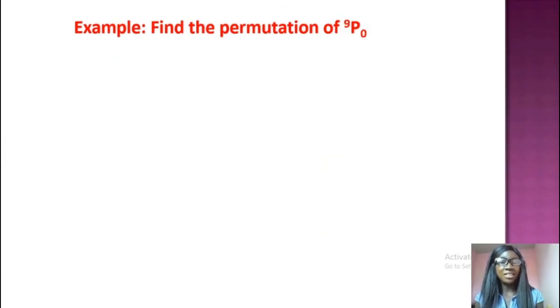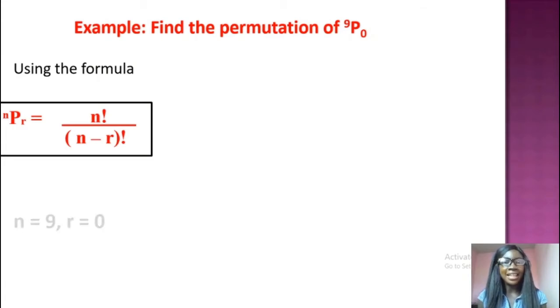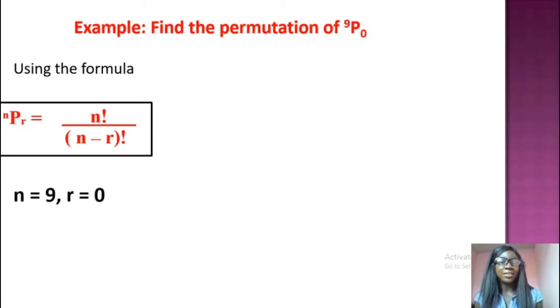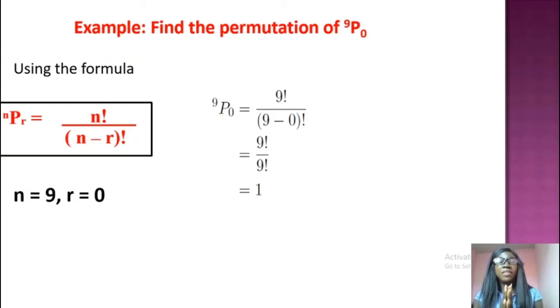So now this is very interesting. 9 factorial 0. So our n here is 9, and our r is 0. So in essence, we're going to have 9 factorial divided by 9 factorial, which is 1. That is to say, if you're dividing numbers that are the same, your answer will just be 1.